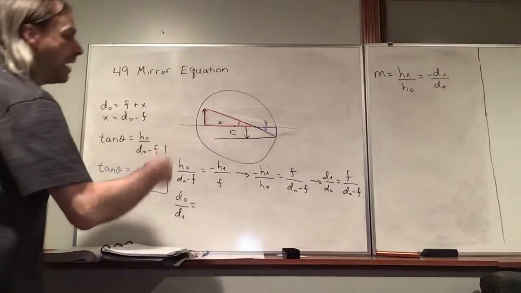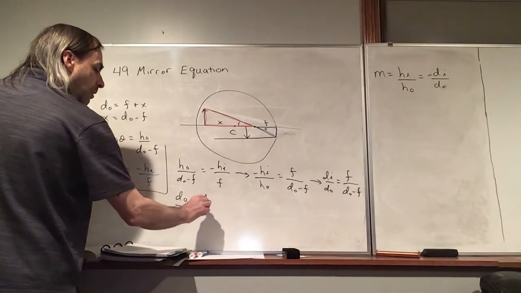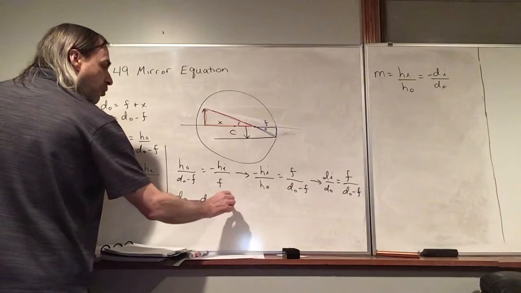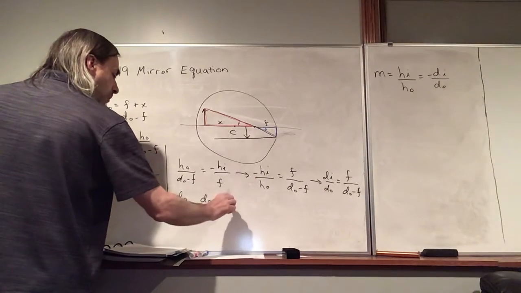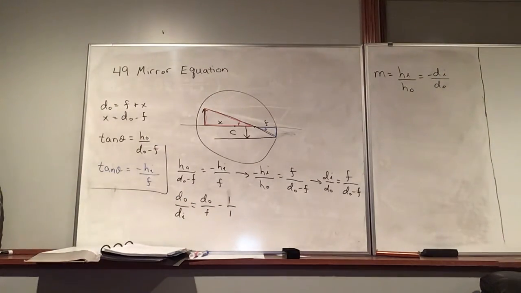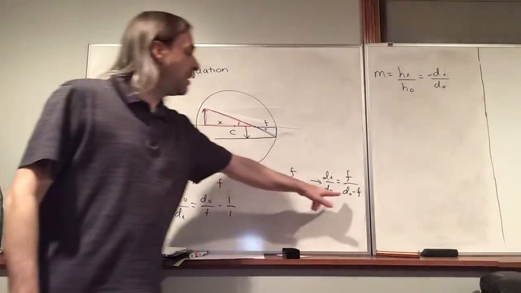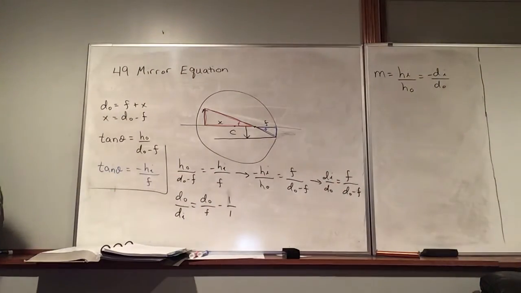There'd be do minus f over f, which we can then break into two pieces. Let's do it like this. Okay, so yeah, we flip it over. So do over di. Here we have do over f minus f over f.